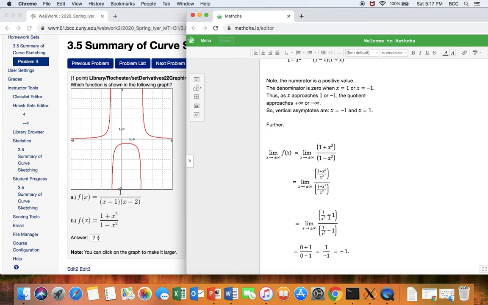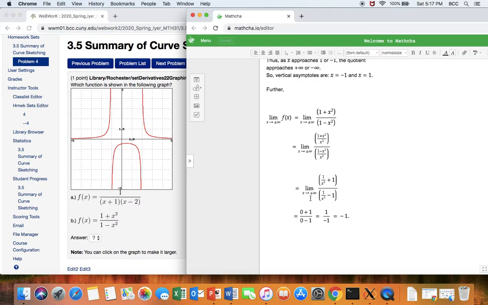You get 1 over x squared plus 1, over 1 over x squared minus 1. When I take the limit as x approaches infinity, I get 0 plus 1 over 0 minus 1. 1 over negative 1 is negative 1. So what does this tell me? This tells me y equals negative 1 is the horizontal asymptote.